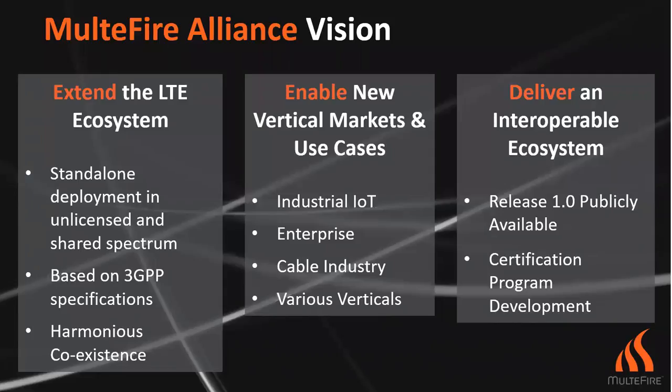And from an availability perspective, if you go to the MulteFire Alliance website, you'll see that release 1.0, which is the end-to-end specification, is already available publicly to everyone to download. We are also working on finalizing the certification program for end-to-end certification of MulteFire products, both on the UE side as well as on the small cell.